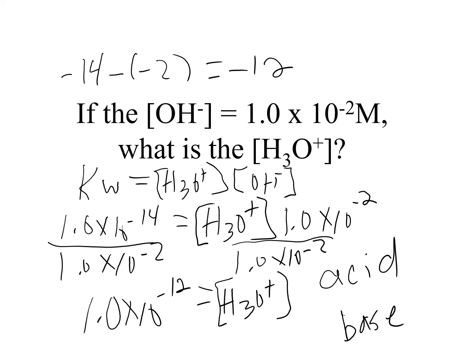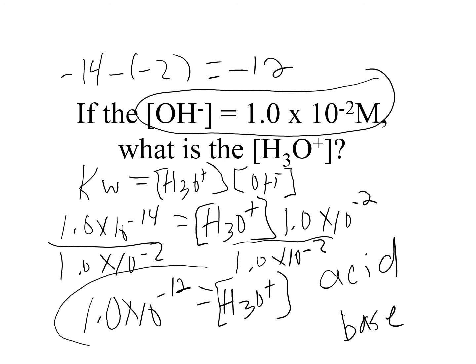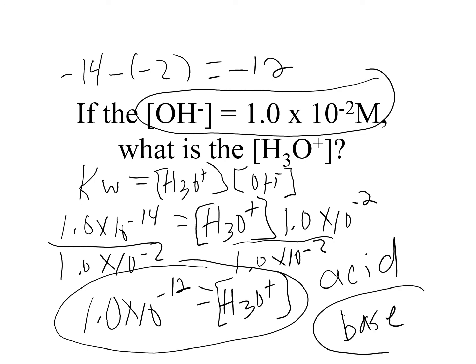Because that's what an acid is. It produces hydronium ions. A base, you put in water and you get hydroxide ions. So more hydroxide, base; more hydronium, acid. So in this example, we have 1 times 10 to the negative 2 hydroxide ions, which is much larger than 1 times 10 to the negative 12 hydronium ions. So this solution would be basic.